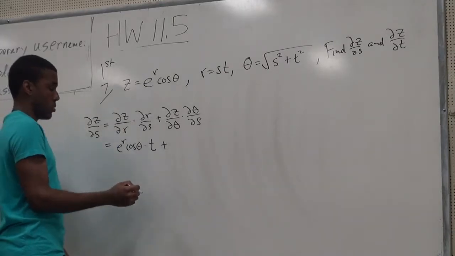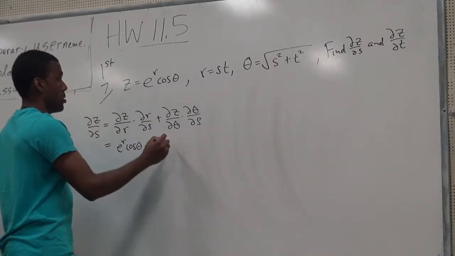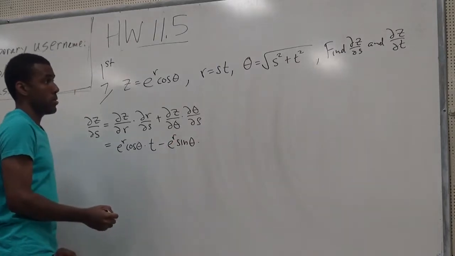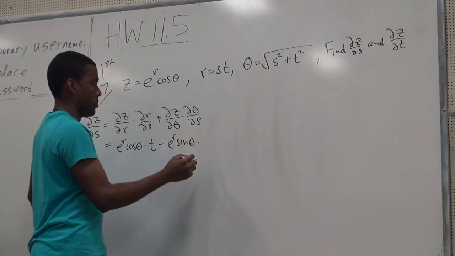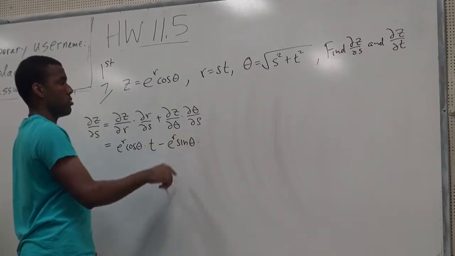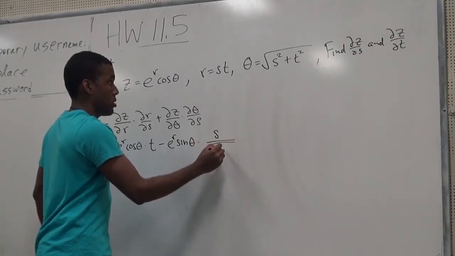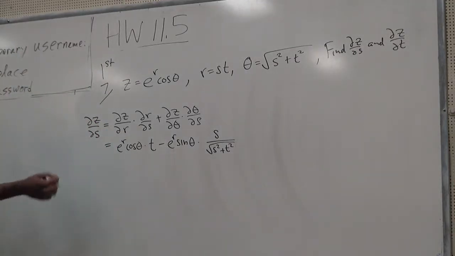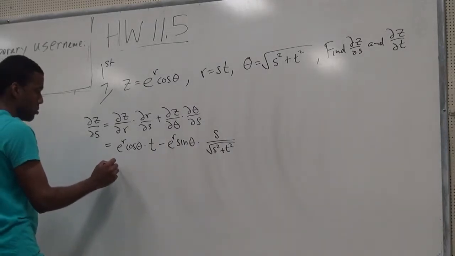Then with respect to theta, it's negative e to the r sine theta, so this would be a minus. Then that would be t over the square root of s squared plus t squared. We're doing it with respect to s, so you're right, it would be s. Yeah, that's it. There's not really much more you can do.